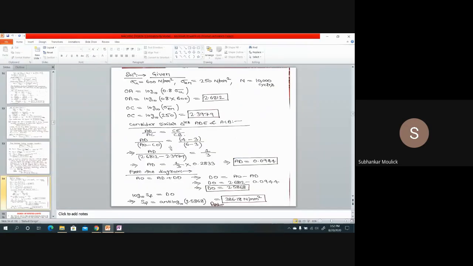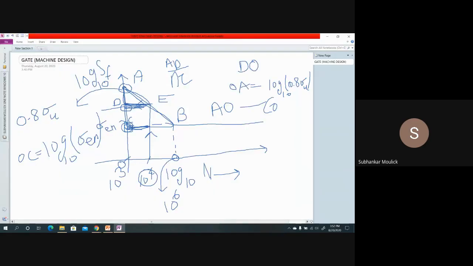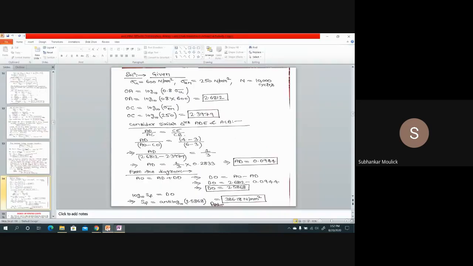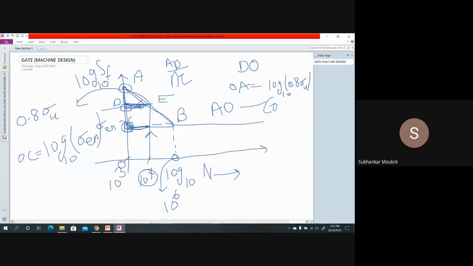DE by CB. That means this DE value is how much? CB will be 6 minus 3.